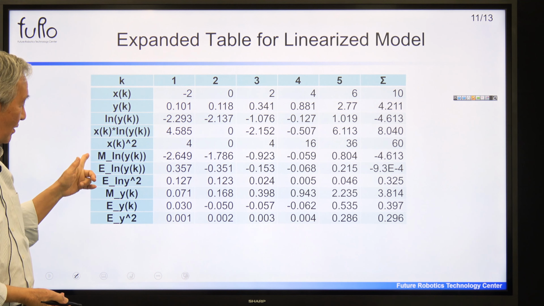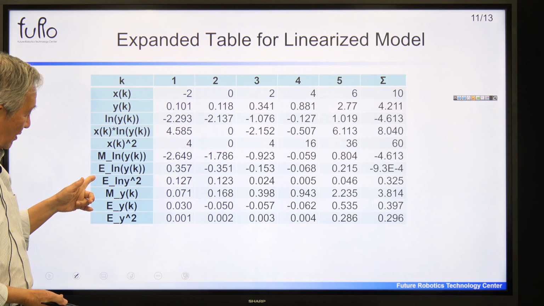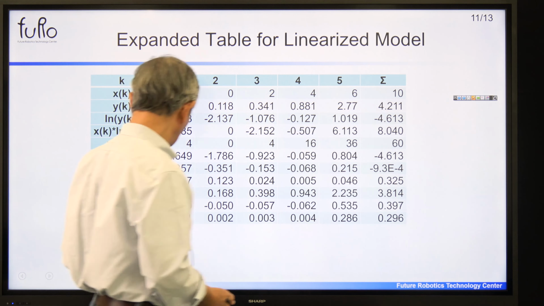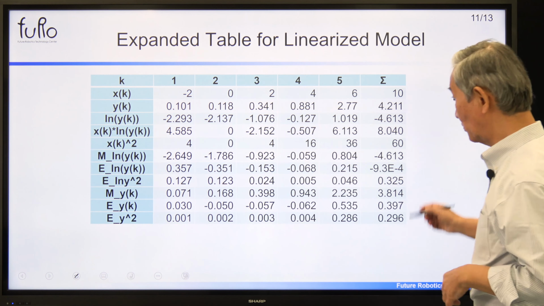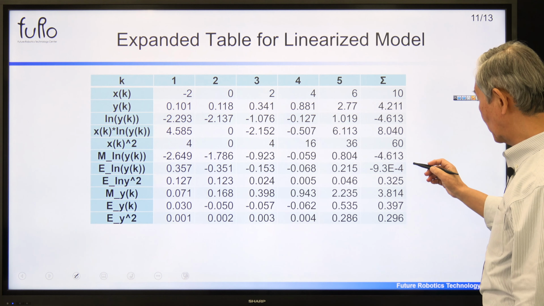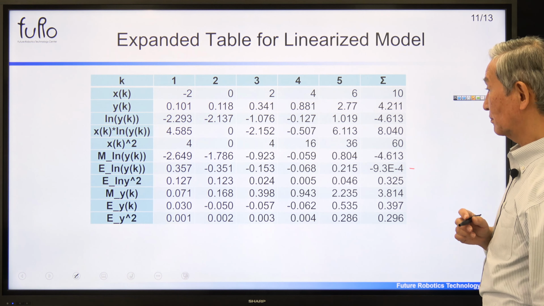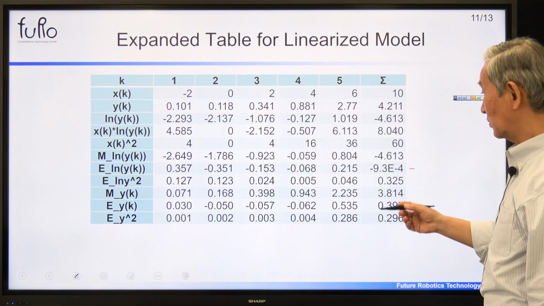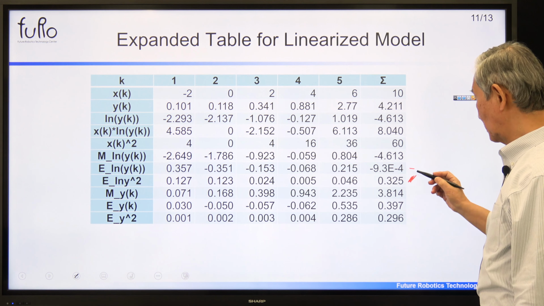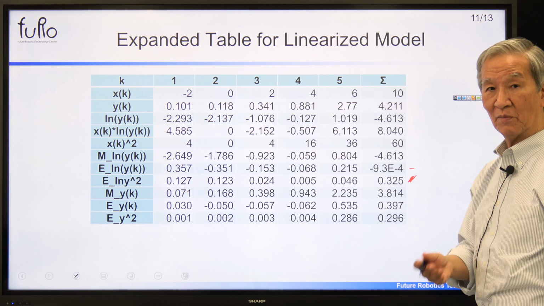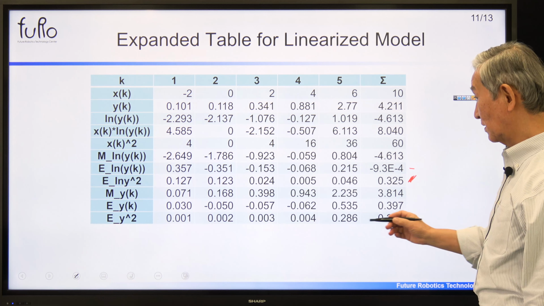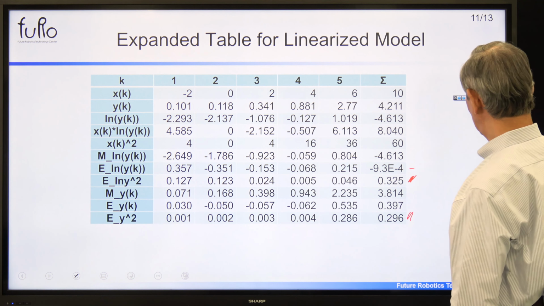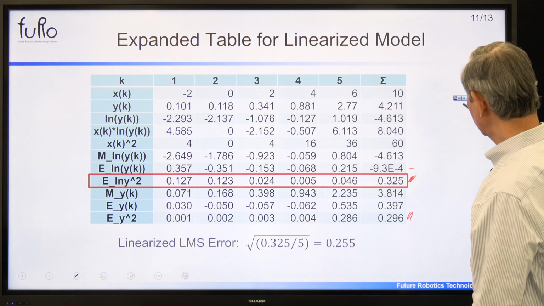This is the model, this is the error, this is the error squared in model y_k, and so on. And you compute those. This one is supposed to be very small. If you remember, this one can go up and down, so squared, this is for the RMS error in the linearized model. The same thing here could be used for the original error.